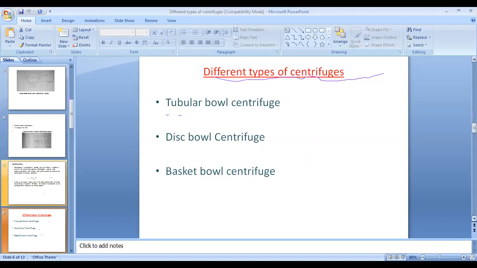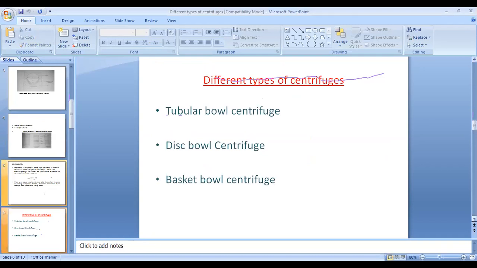We have three different types of centrifuges in general used in industry: tubular bowl, disc bowl, and basket centrifuge. The first two are similar in operation.